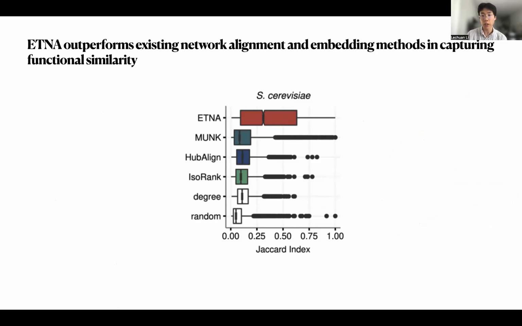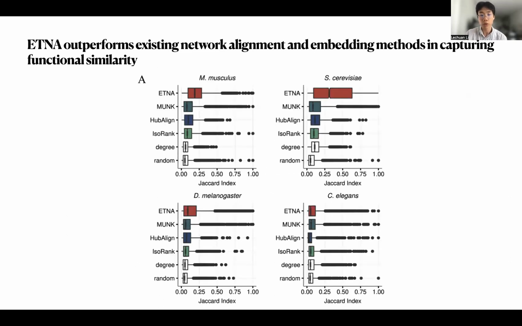And this is aligning human to yeast. We can see our model has a higher Jaccard index, which means our model's predictions have a higher functional similarity than other methods and baselines. This is also consistent with human and other model organisms. For human, fruit fly, and worm, our model is consistently better.